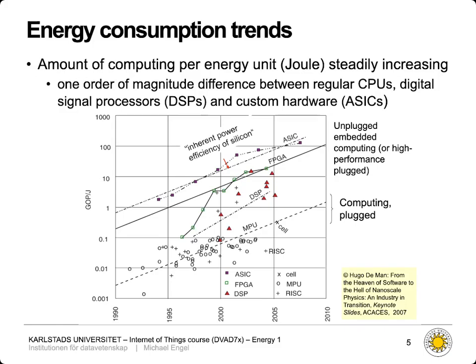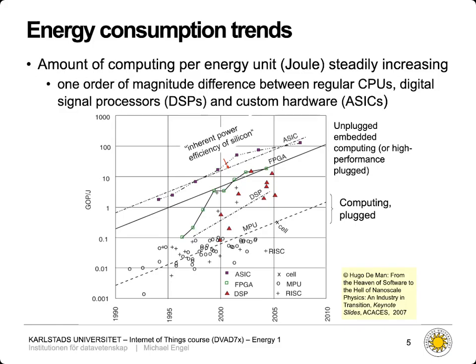Now, what's interesting to see is that there's always about an order of magnitude, so a factor of 10 or more between these. So if I run certain kinds of applications on a DSP, I can be 10 times more energy efficient than running it on a microprocessor. And again, if I run it on an FPGA, I can be again 10 times more energy efficient.